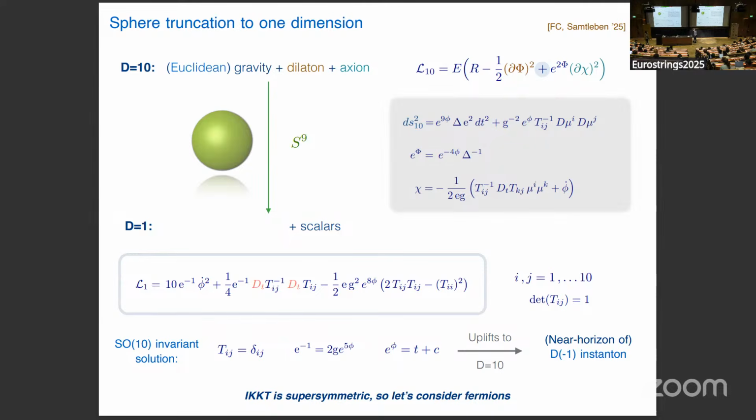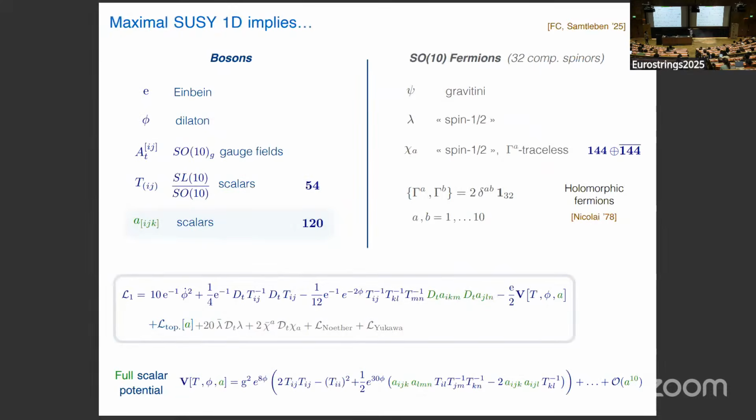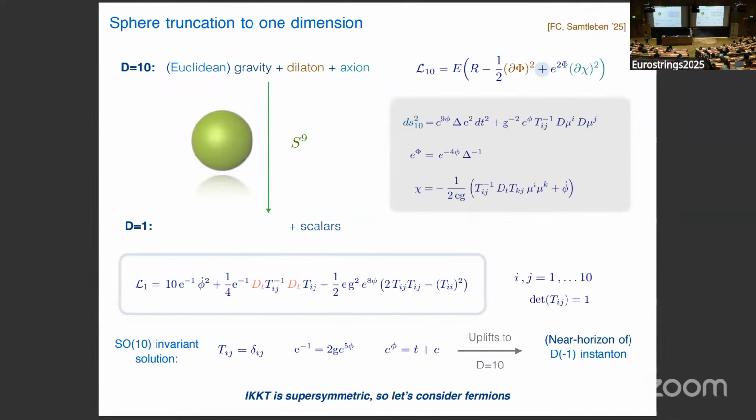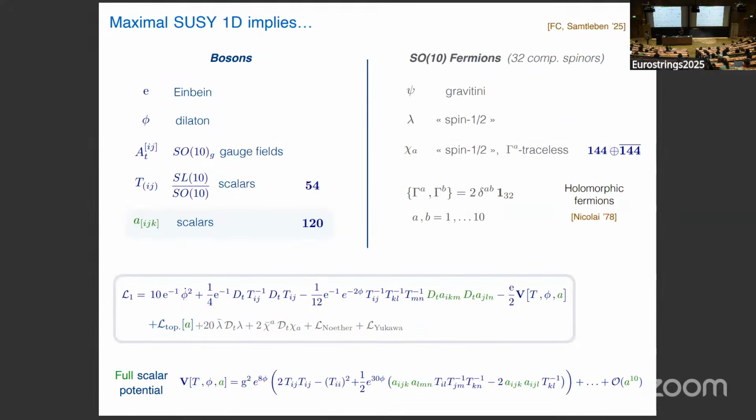If you turn them off, you will not get any higher form in 10 dimensions. They are the only contribution to, for instance, the NSNS and RR 2-forms and the 4-form. Their truncation will definitely involve the scalar fields. So if you have solutions that have the scalar fields set to 0, you will never uplift them to solutions where you have RR and NSNS 2-forms turned on.